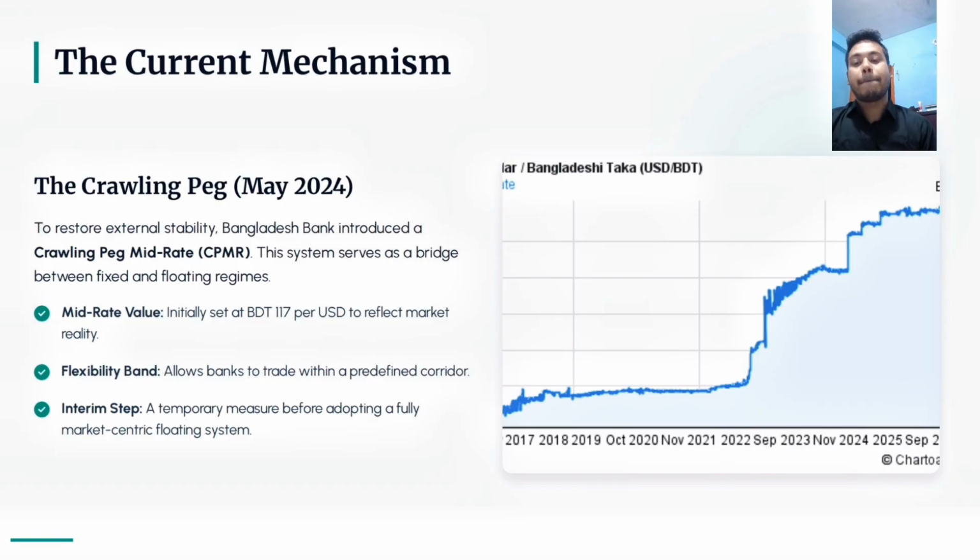The mid-rate value was initially set at 117 Bangladeshi taka per USD to reflect market reality. The flexibility band allows banks to trade within a predefined corridor. And finally, the interim step is a temporary measure before adopting a fully market-centric floating system.